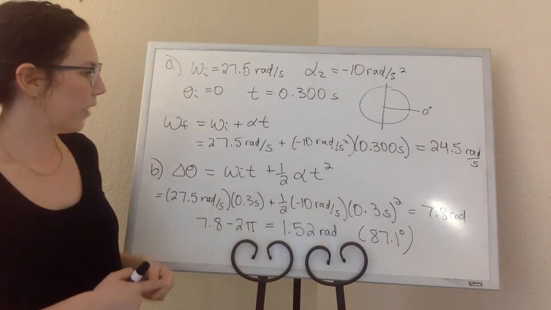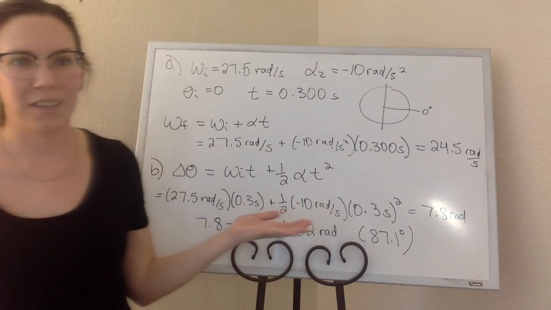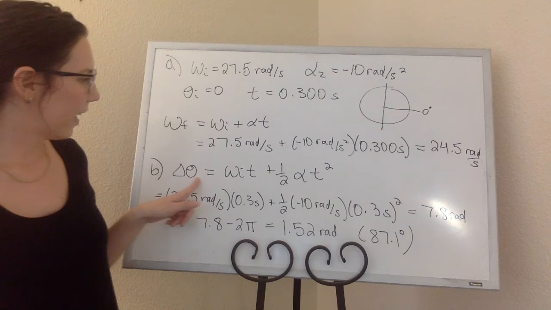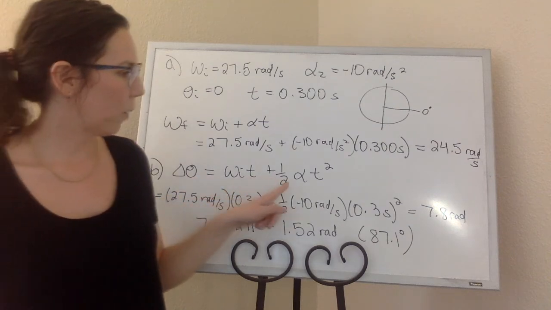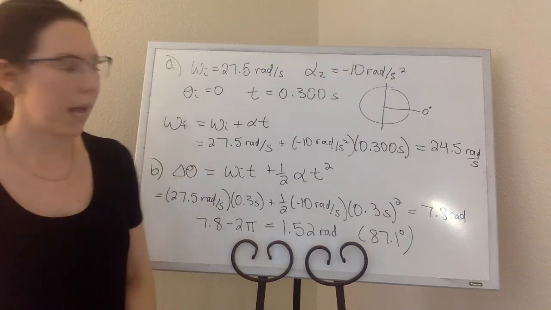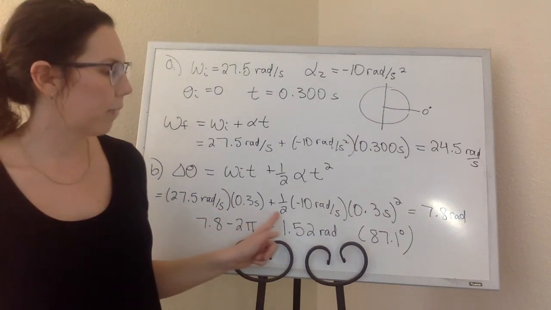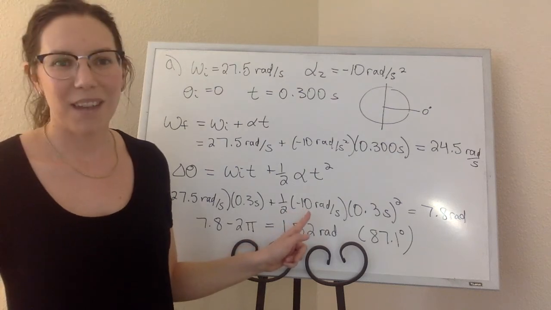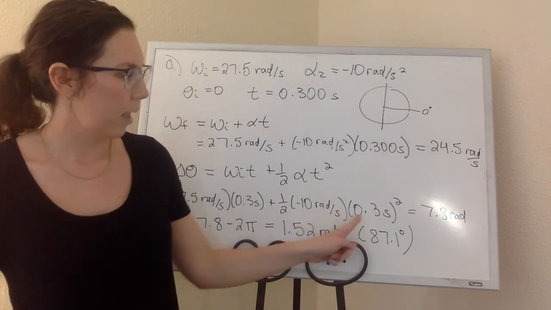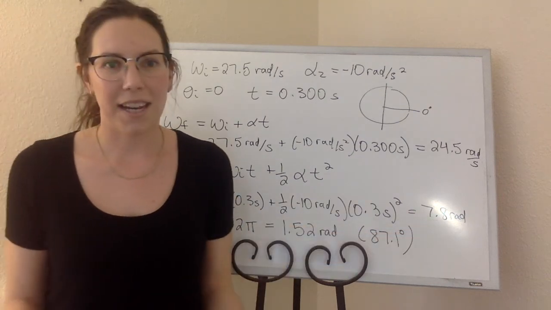Choosing a formula, there's more than one option, but I'll use the second equation here to find delta theta. Delta theta equals omega i t plus 1/2 alpha t squared. Plugging in what we have, 27.5 radians per second times 0.3 seconds plus 1/2 times negative 10 radians per second squared for alpha, times 0.3 seconds squared, gives 7.8 radians.